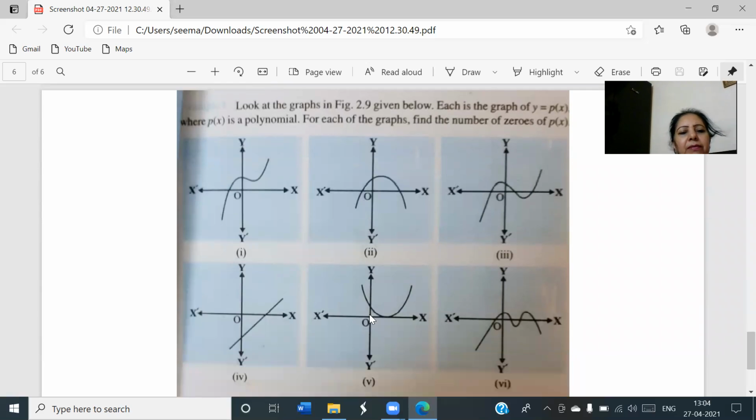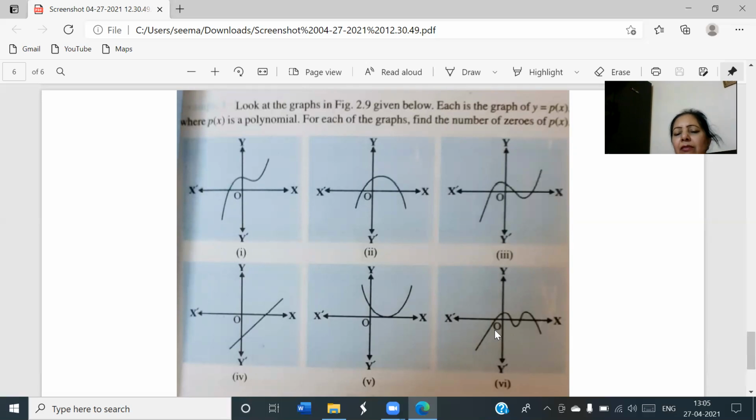In the next one, this graph intersects both axes, the x-axis and y-axis, but we will see only the x-axis, which it intersects at 1 point, meaning there is 1 zero. This graph touches the x-axis at 1 point, meaning there is 1 zero.